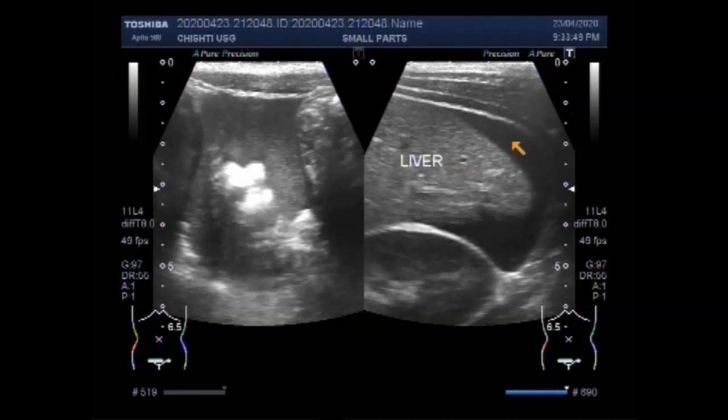This is the liver, this is the fluid in the hepatorenal recess. This is the hemoperitoneum.